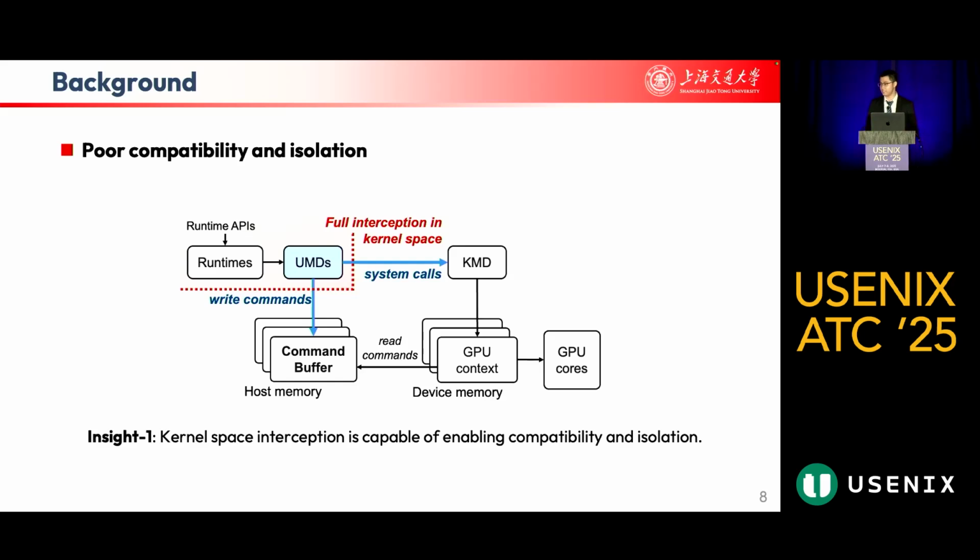We do it at this level because if we go one level higher and capture all the API calls, we need to manually deal with different runtimes, which is a burden. If we go lower and control the memory-mapped I/O, we need to maintain different GPU contexts for different GPU tasks, which also increases implementation difficulty.